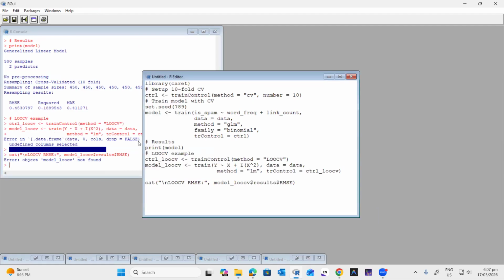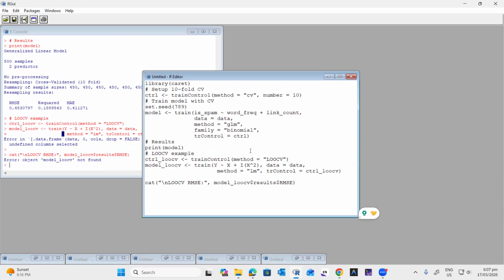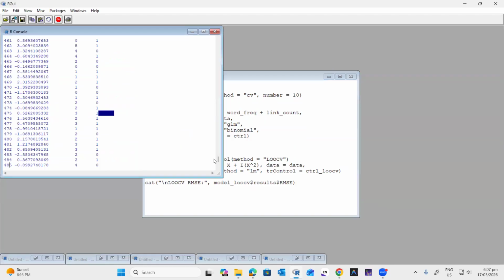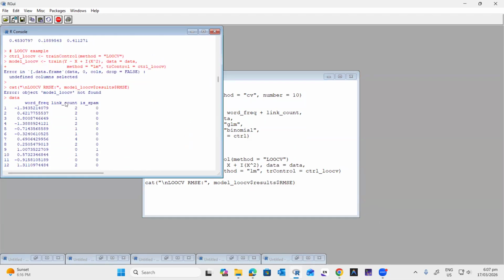Some errors are there. What is the error? Undefined columns selected. Okay, means I didn't select the columns. Which columns I didn't select? Okay, I think I forgot to add something. All right. So here, okay, data. Let me check the data. Okay, data is there. So in the data, what is the Y? Is it introduced as the Y or what? Okay, so I need to introduce as the Y and X, then it will work.